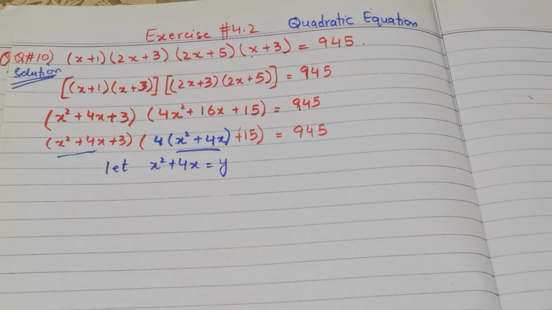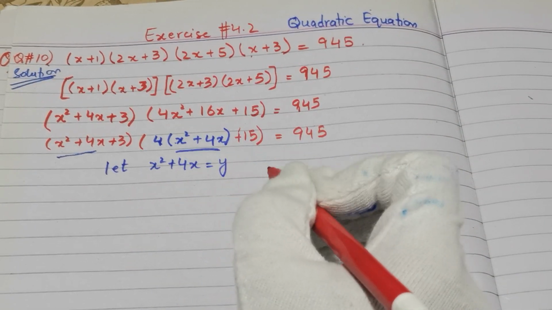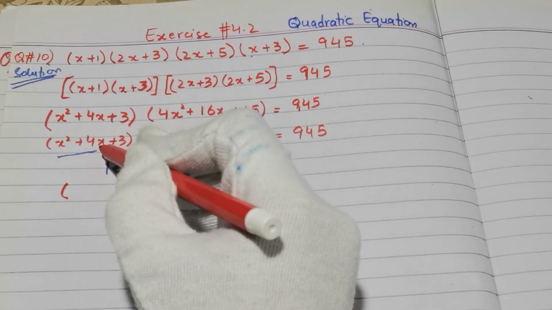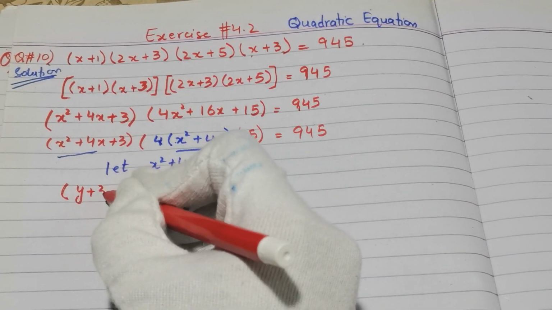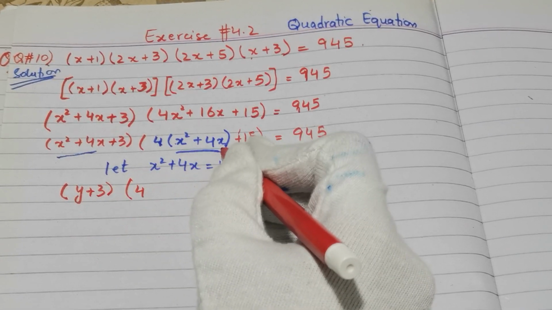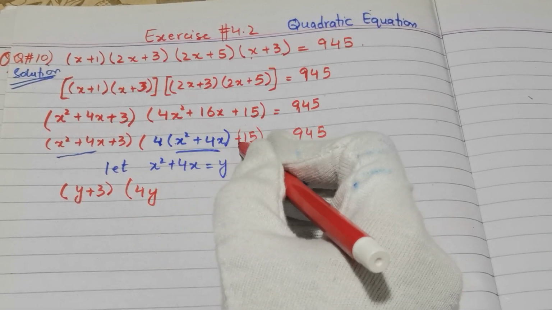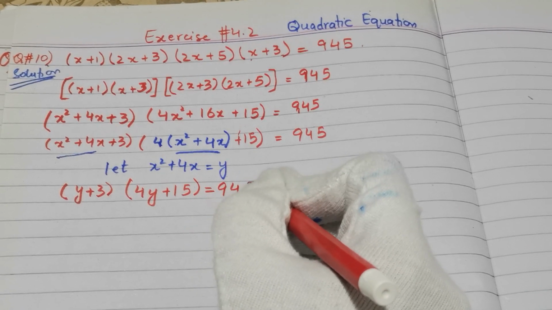So that it will make our equation easier, in a simpler form. So we write here y plus 3. Now 4 as it is, and we consider this term y, 4y plus 15 is equal to 945.